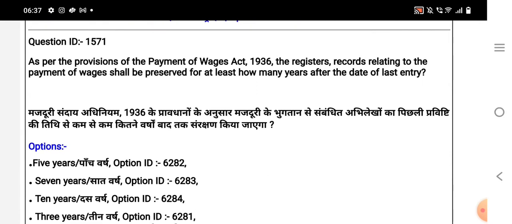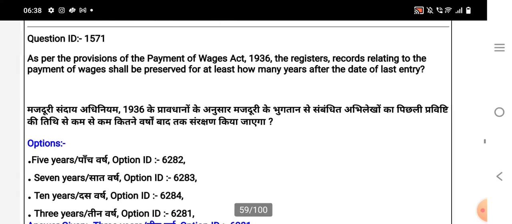The next question is, as per the provisions of Payment of Wages Act 1936, the registers and records relating to the payment of wages shall be preserved for at least how many years after the date of last entry?